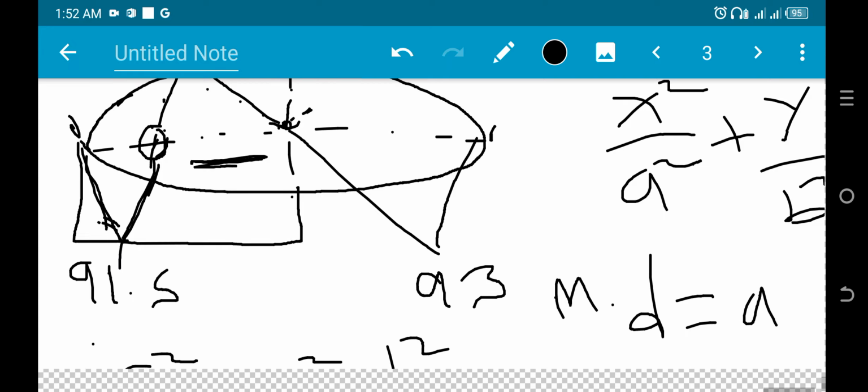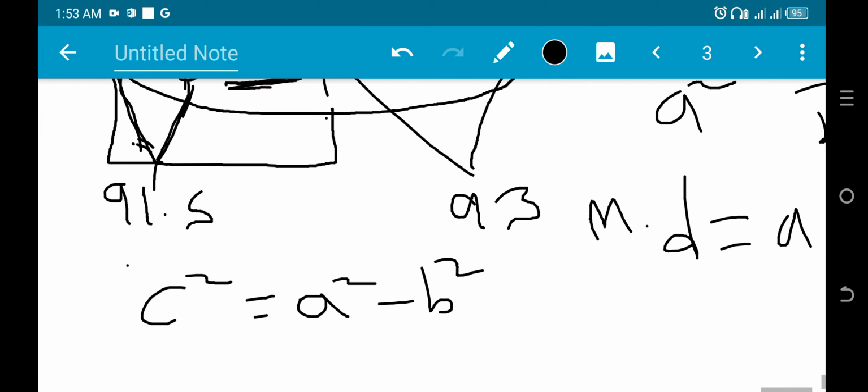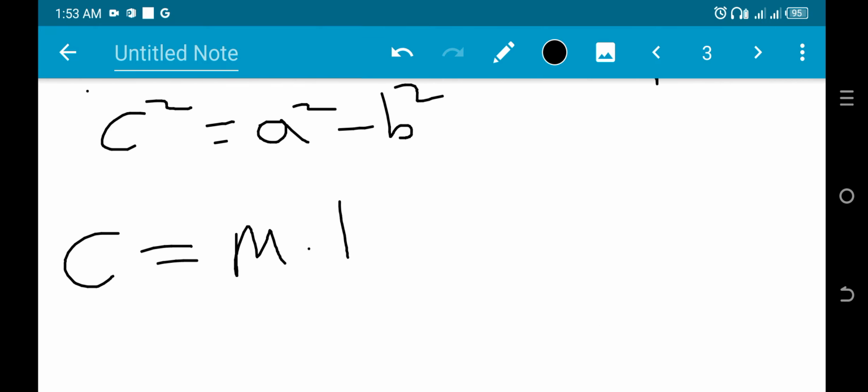We can just say c is equivalent to the mean distance less, or subtracting, the perihelion.